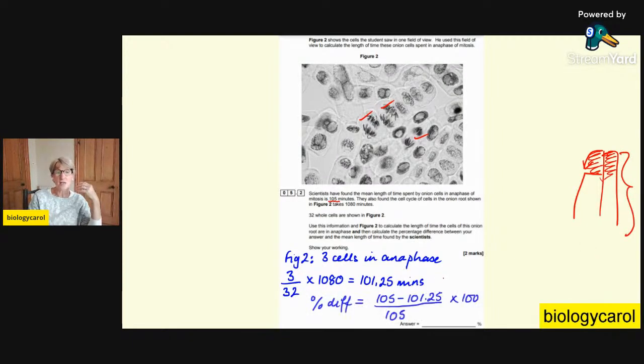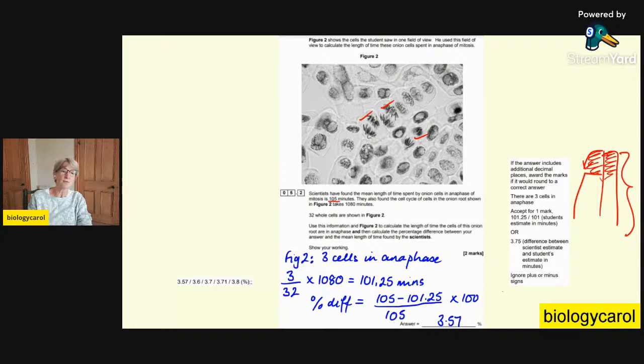So it's 105 minus 101.25 divided by the original larger number, 105, times by 100, which gave me 3.57%. Here is the answer, which gave you 2 marks.